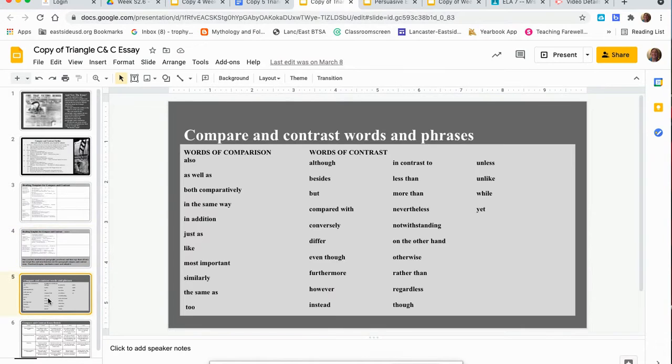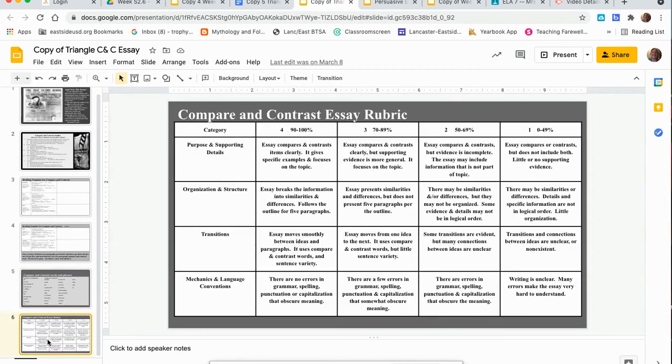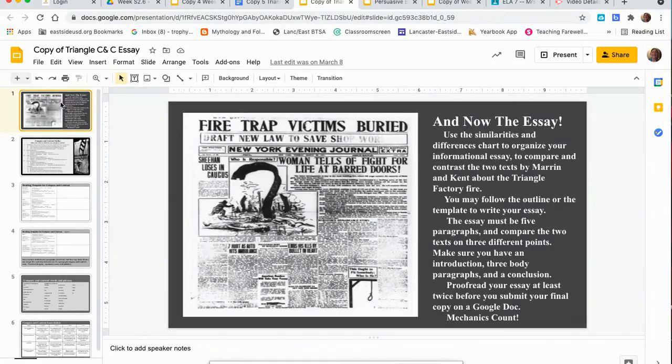They were also provided with compare and contrast words and phrases that they were able to use to put their sentences together. Students were also provided with an essay rubric, a 4-point rubric, and it dealt with purpose and supporting details, organization, structure, transitions, and mechanics. This is what they used to produce their essay about the Triangle Factory fire.